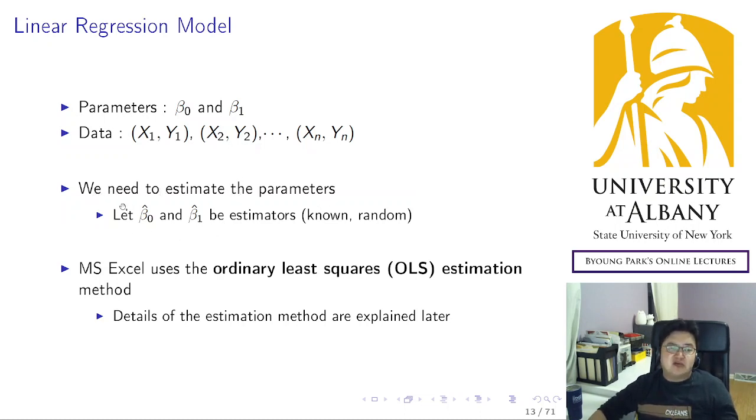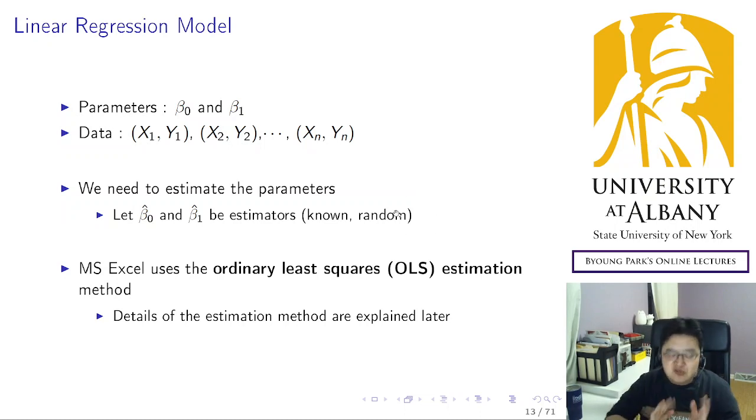The estimators are denoted as beta 0 hat and beta 1 hat. We put a hat on top of the parameter. Then it means estimators. And as you know, those estimators are calculated from the sample, so they are random, right? So it is known and it is random.